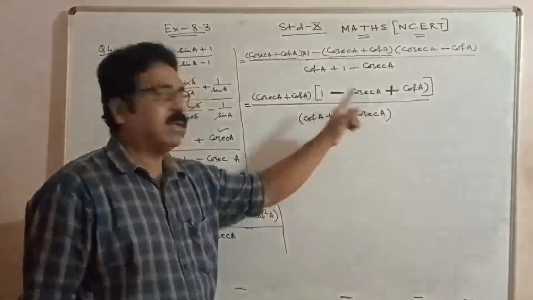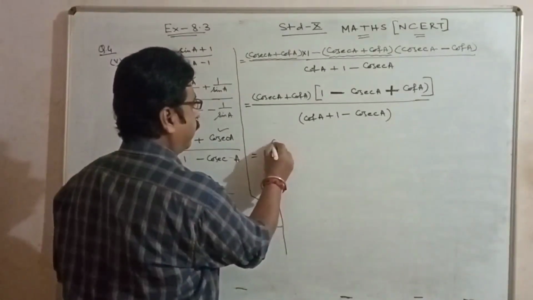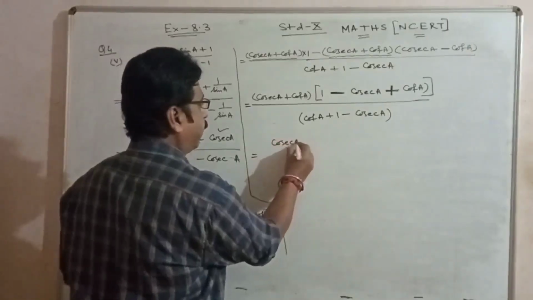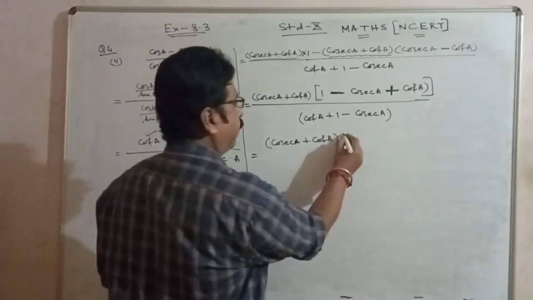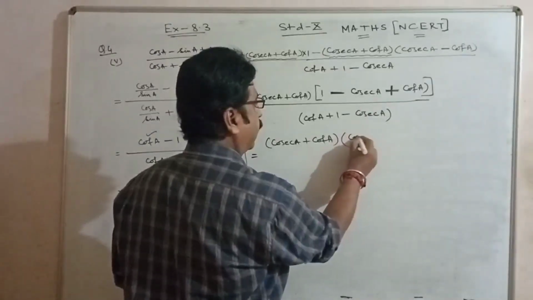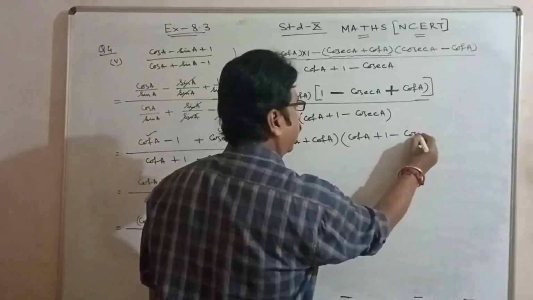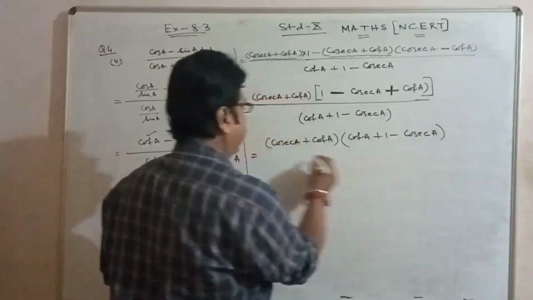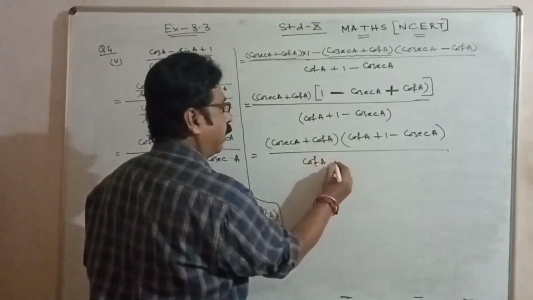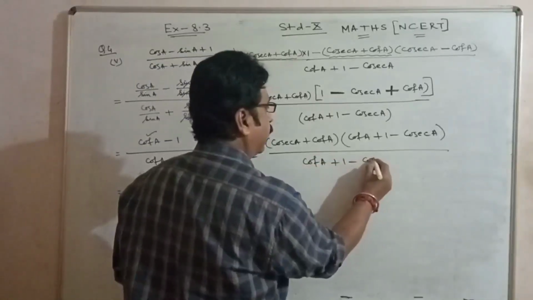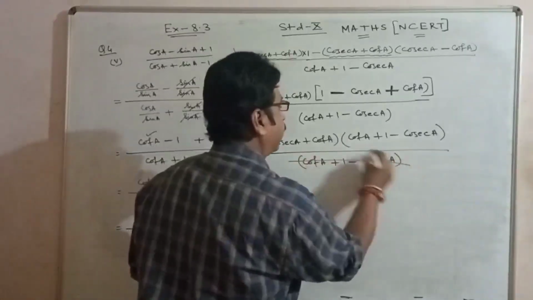If you want, you can rearrange: cosec A plus cot A into, we can write cot A first, then plus 1 minus cosec A, over cot A plus 1 minus cosec A. We can cancel this and this.